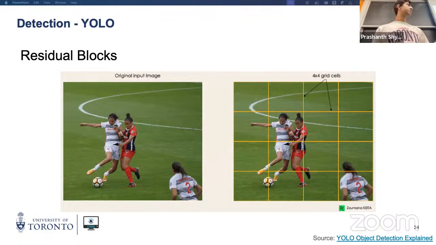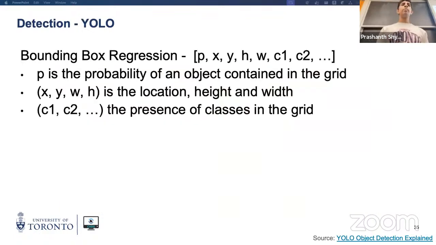And for each grid cell, they come up with this vector: the probability that an object is contained in the cell, the x, y, width and height location of that object in that cell, and the presence of classes like car, person, ball, and so on.